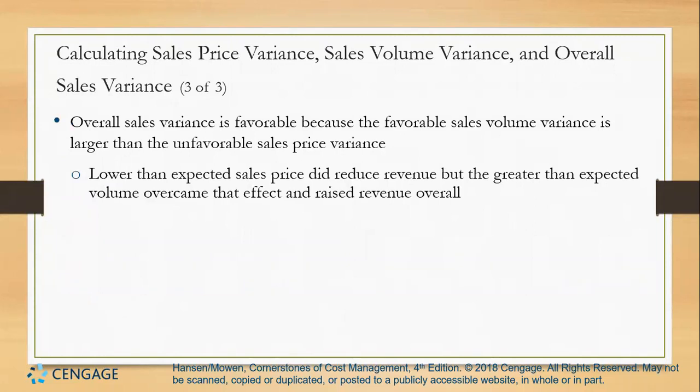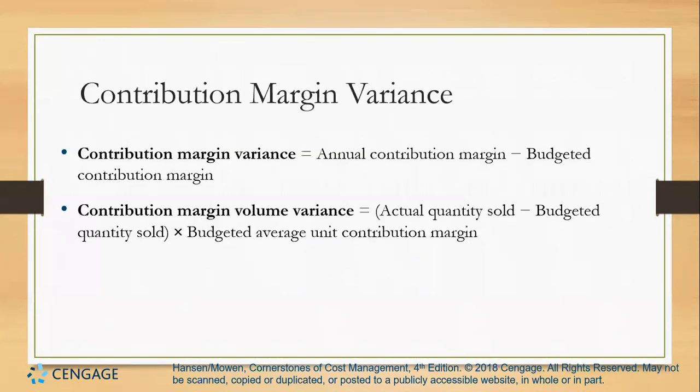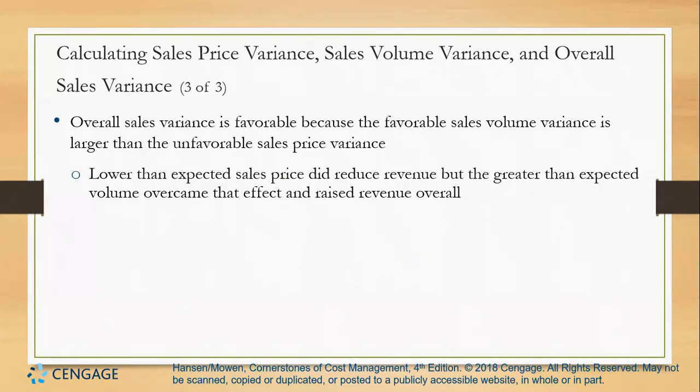Calculating sales price variance, sales volume, and overall. The overall sales variance is favorable because the favorable sales volume variance is larger than the unfavorable sales price variance. So you are going to follow the sign of the item with the higher amount. The lower than expected sales price did reduce revenue, but the greater than expected volume overcame that effect and raised revenue overall.